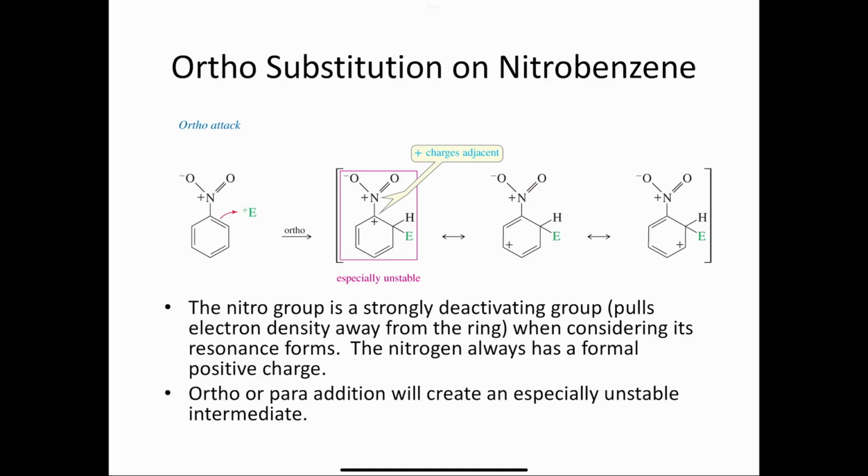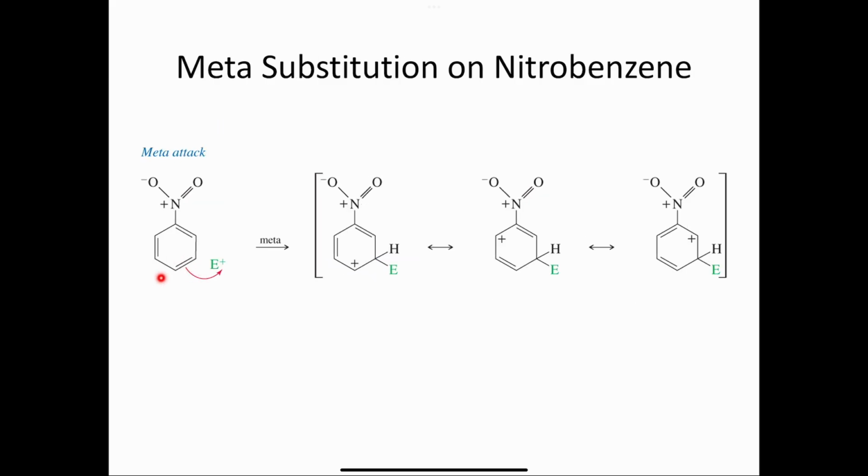This was your ortho attack, and this is your meta attack, right? So your meta is occurring at your 3rd carbon. So here you have your electrons in your benzene ring forming a bond with your electrophile, breaking that carbon to carbon double bond, right?